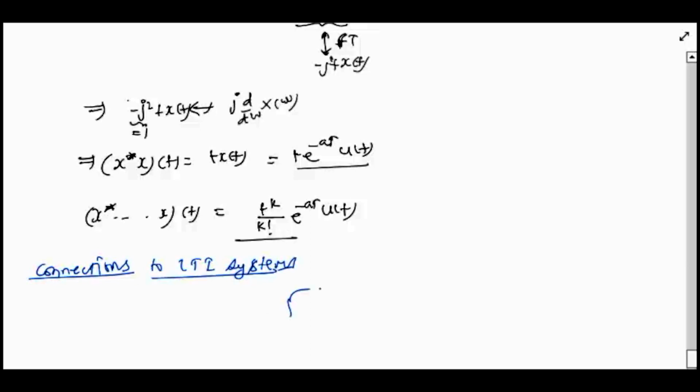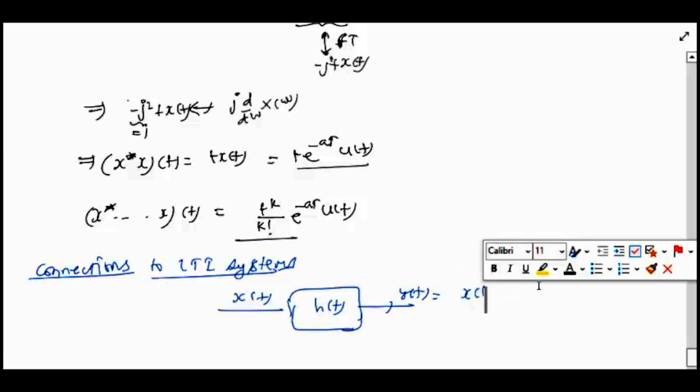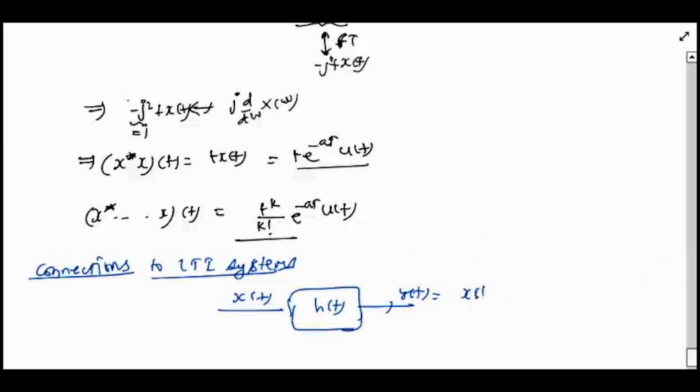Recall that in an LTI system whose impulse response is h(t), if we give input x(t), the output y(t) is the convolution of x(t) and h(t).